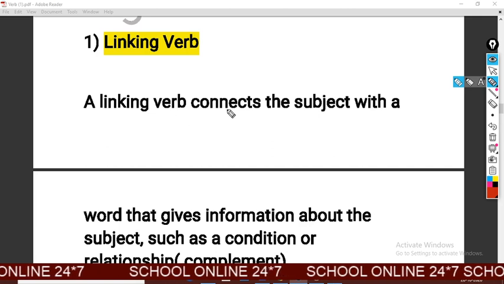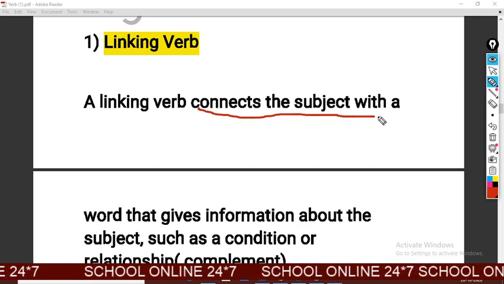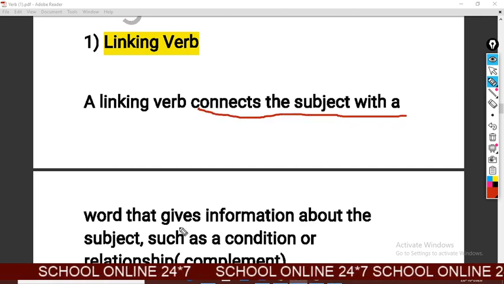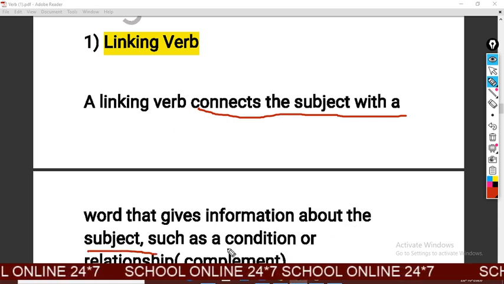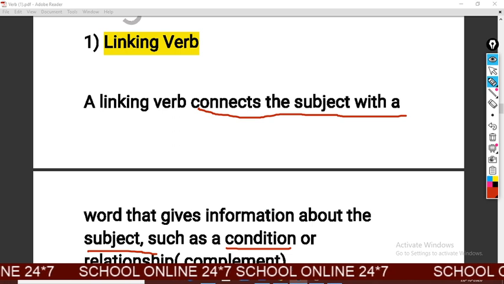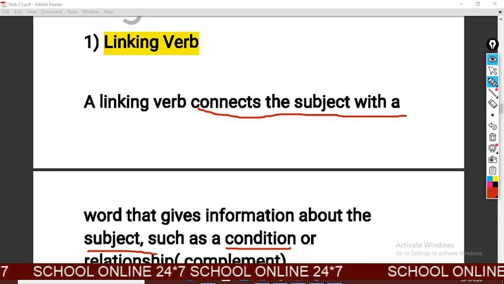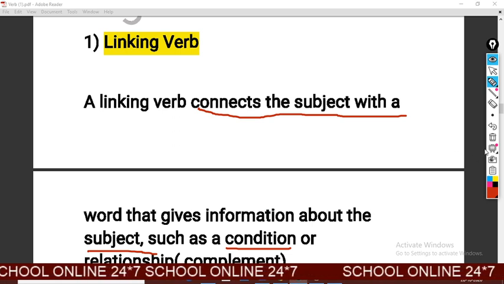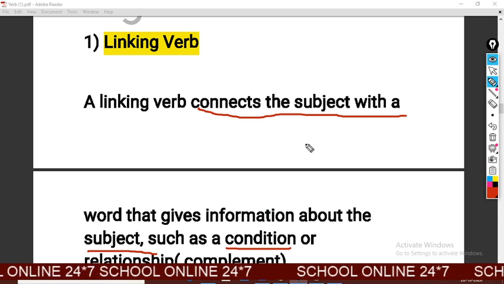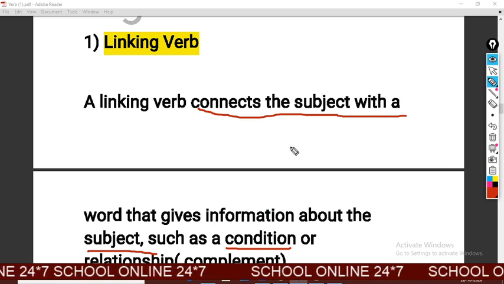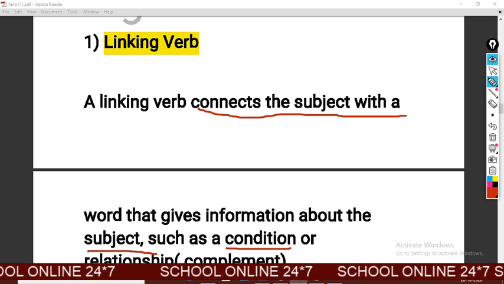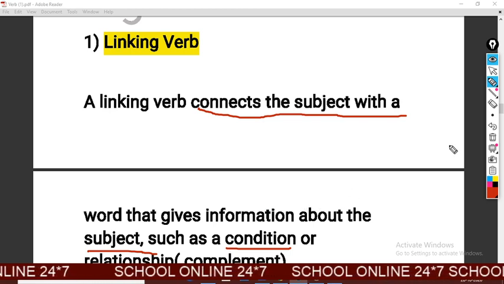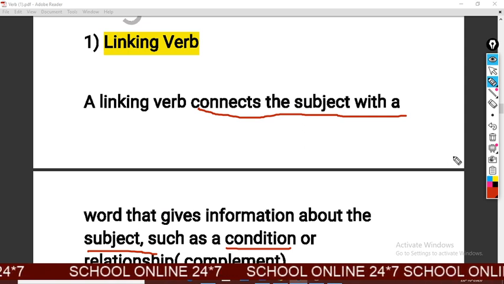A linking verb connects the subject with a word that gives us information about the subject, such as condition or relationship or complements also. Means a linking verb joins the subject, means the noun, with condition, relation, and complement also. It gives us information about these things.